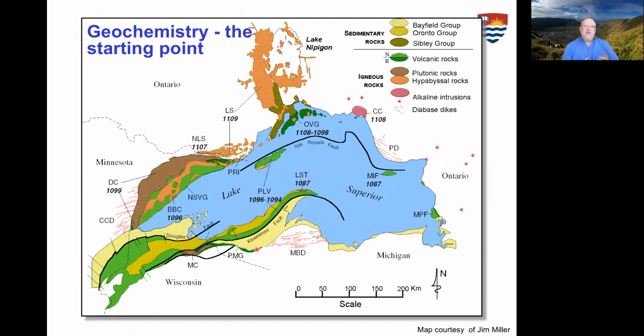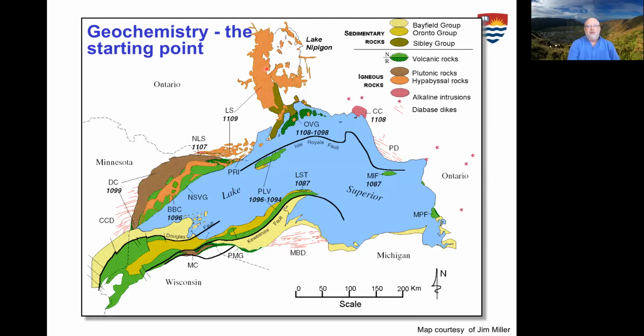What I want to talk to you about now is some of the work we've been doing in trying to understand the geochemistry of how we piece these sequences together. And when I moved to Thunder Bay 20 years ago and got involved with the research, this map was more or less what we knew. Especially north of the border, there were these Osler volcanic groups, and then there were these orange groups, which are mainly sills with some dikes, all dated.